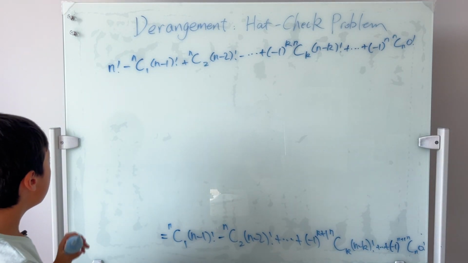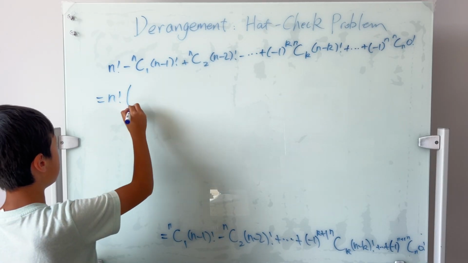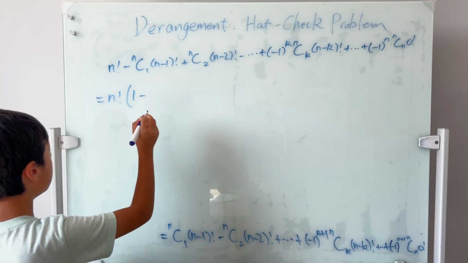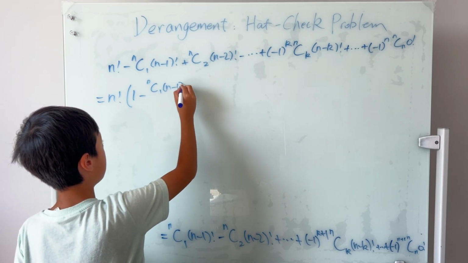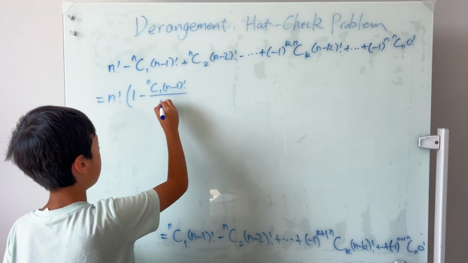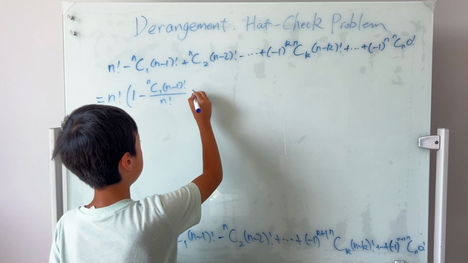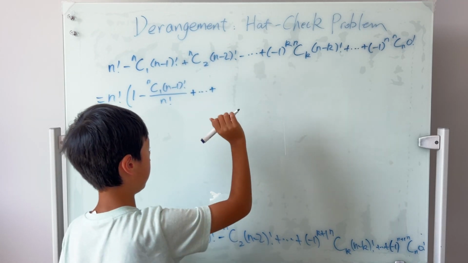Well, I'm going to actually factor out an n factorial from this. Okay? So it'll be 1 minus this over n factorial. Plus dot dot dot plus this, which I'll explain later.